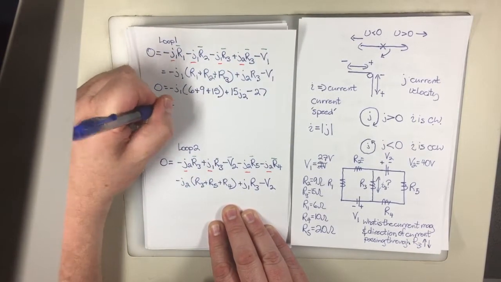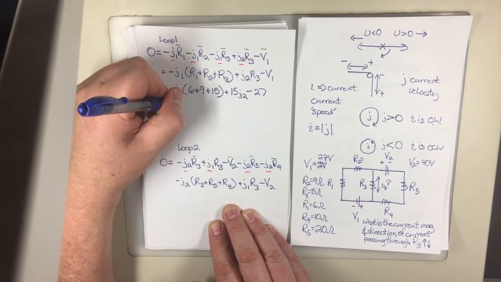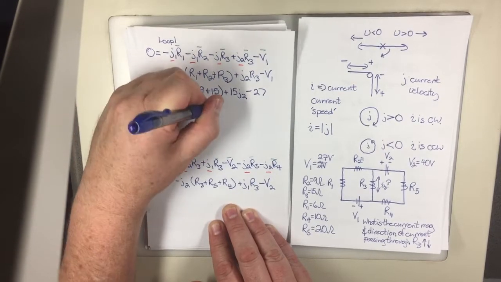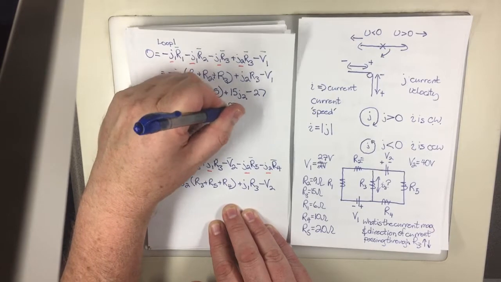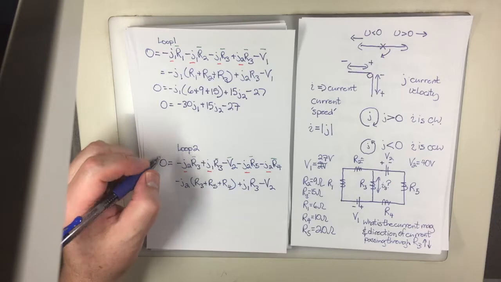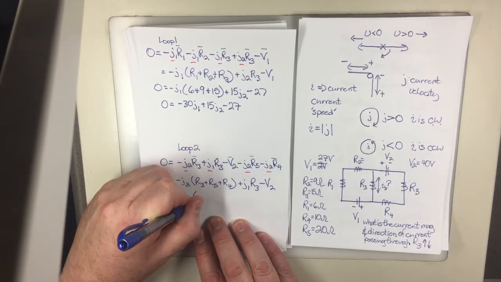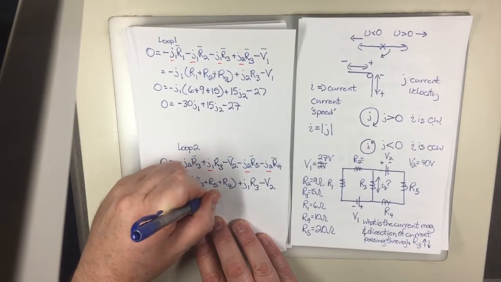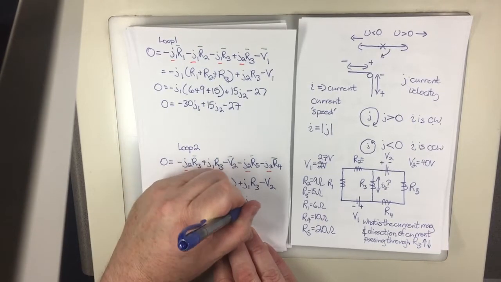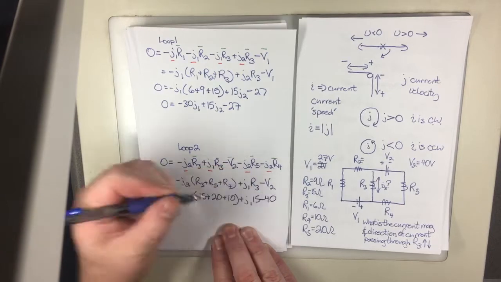Now what I do is I compress this. 9 plus 6 is 15. 15 plus 15 is 30. Minus 30 J1 plus 15 J2 minus 27. This becomes minus J2 times R3 15, R5 20, R4 10, plus J1 R3 15, minus V2, which is 40.